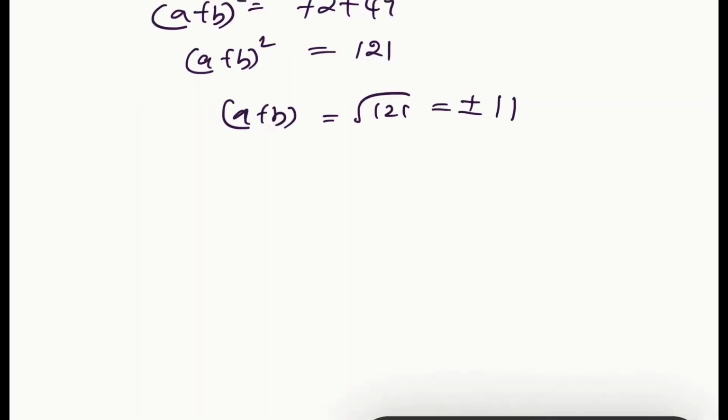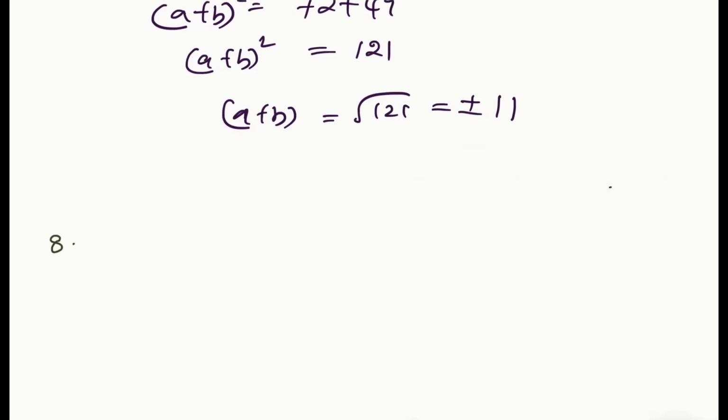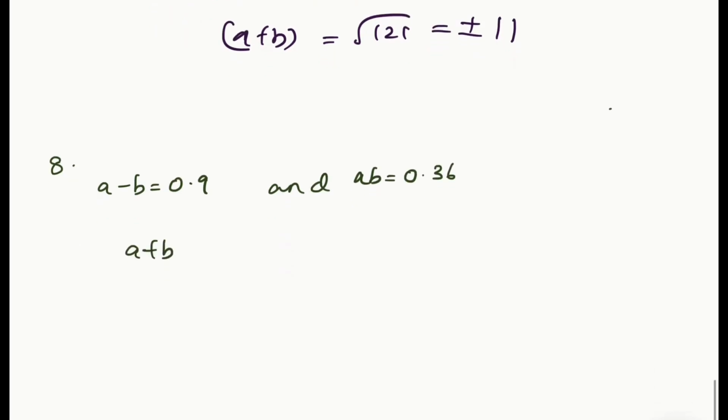Next, let me do the 8th question. In question number 8 we have, if a minus b equal to 0.9 and AB is equal to 0.36, find a plus b. So how will you do? Same method let us use. A plus b whole square minus a minus b the whole square is equal to 4 times AB.